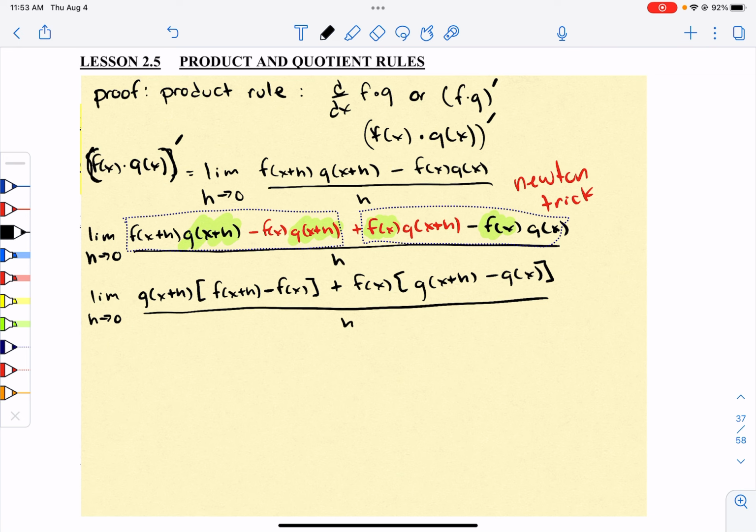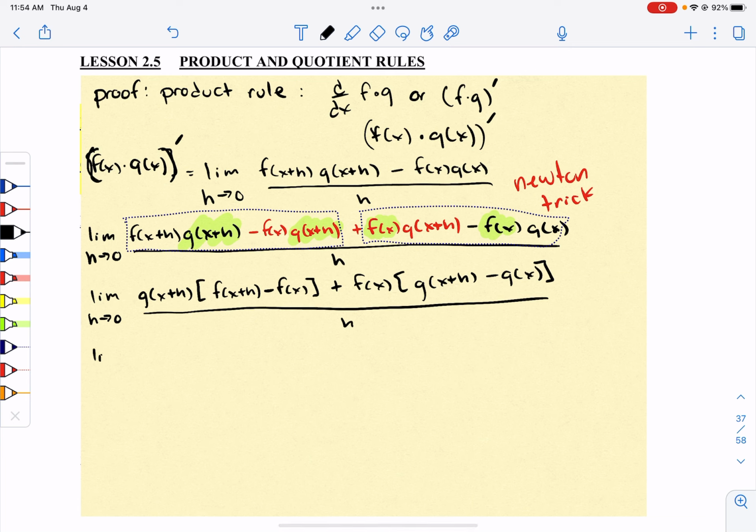Now what I want to do is use my limit rules. Remember, the limit of one function plus another function is the same thing as taking the limits of them separately. So we're going to break this up into two different limits.